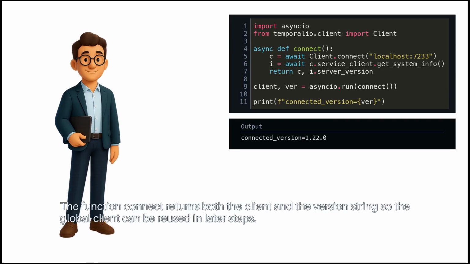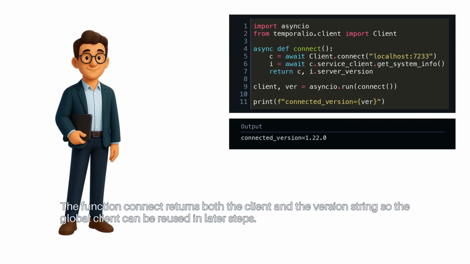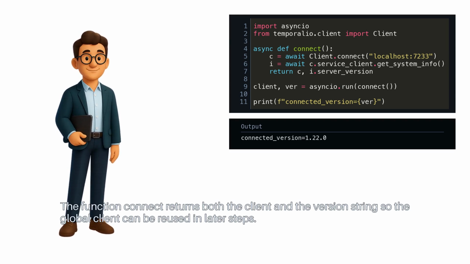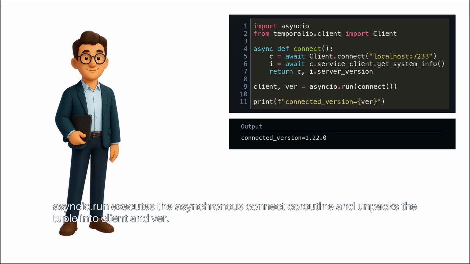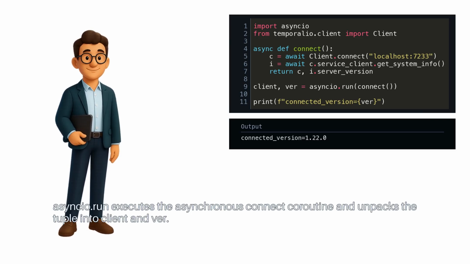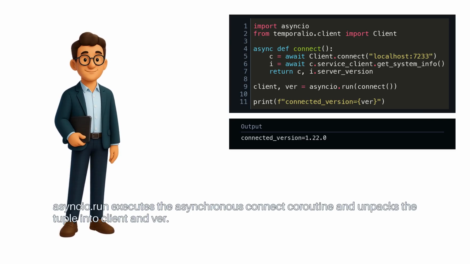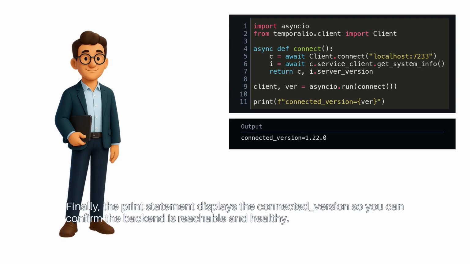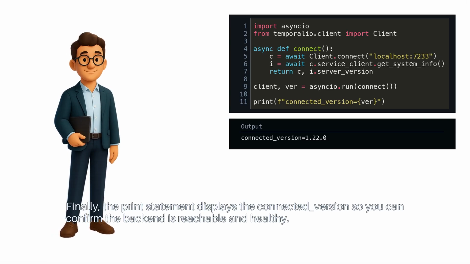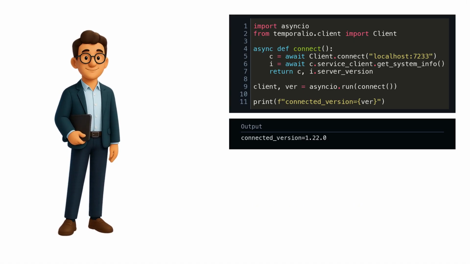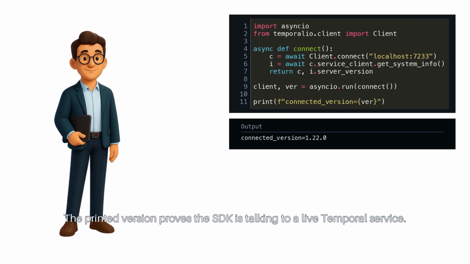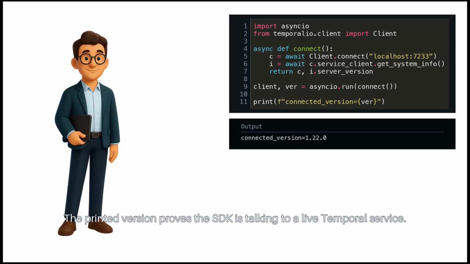The function connect returns both the client and the version string, so the global client can be reused in later steps. asyncio.run executes the asynchronous connect coroutine and unpacks the tuple into client and ver. Finally, the print statement displays the connected version, so you can confirm the backend is reachable and healthy. The printed version proves the SDK is talking to a live Temporal service.